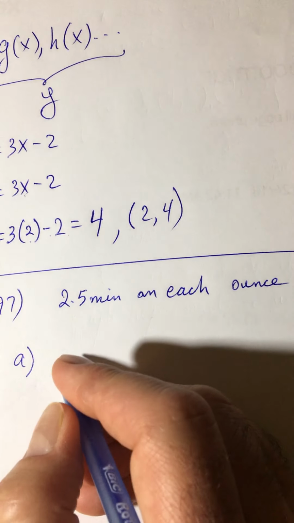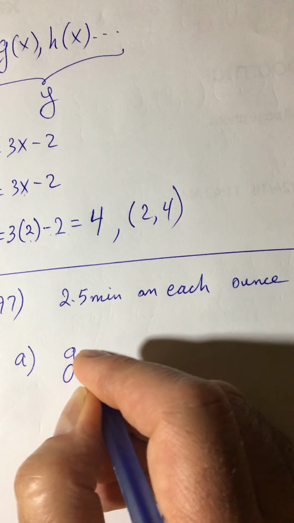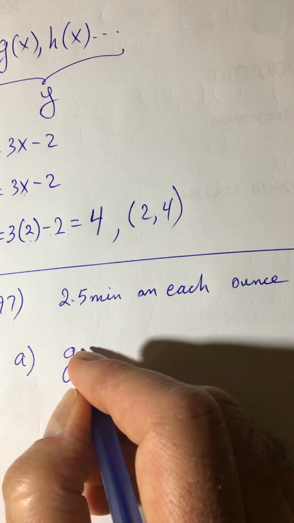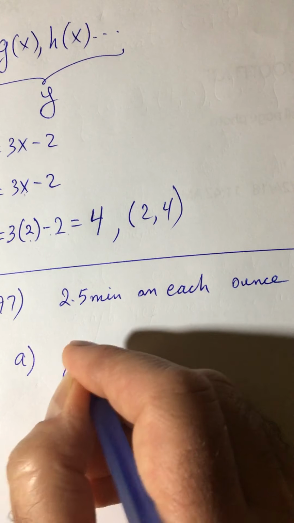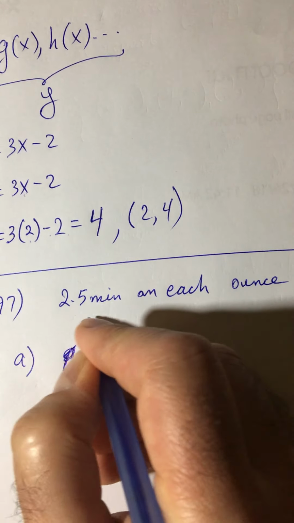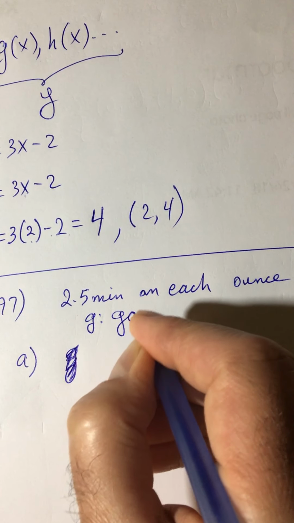Okay, so I can use whatever, well, let's define our variables first. G is not a good one. So let's call it G representing amount of gas.